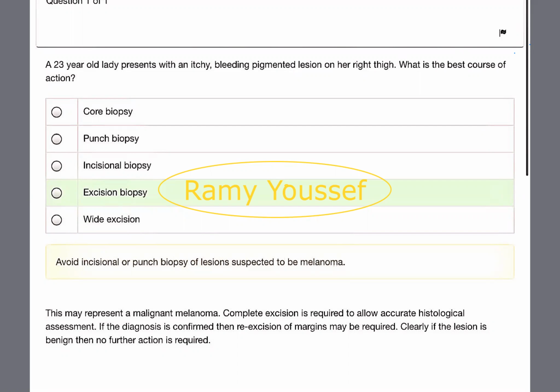Here, if you take a lymph node biopsy, do the histopathology, and find it is metastatic malignant melanoma, you will go for the original lesion by excisional biopsy with a safety margin. This is the only scenario in which you can go for excisional biopsy with a safety margin. If the lesion is less than 2 centimeters, the margin will be 0.5.